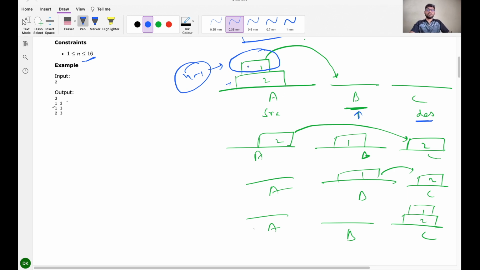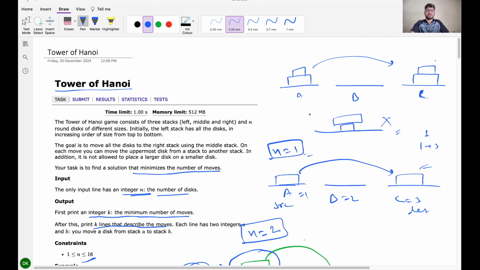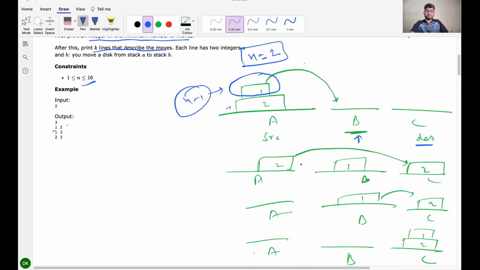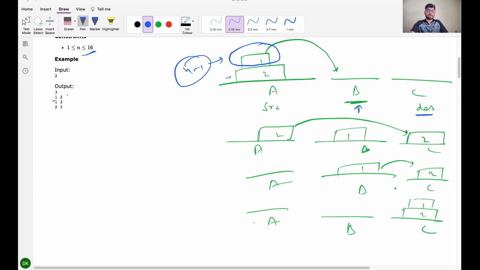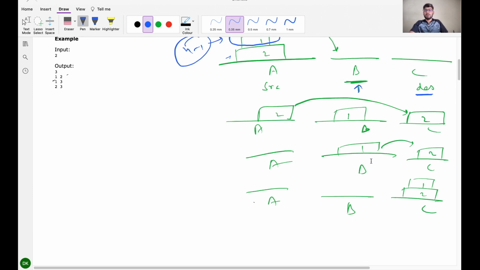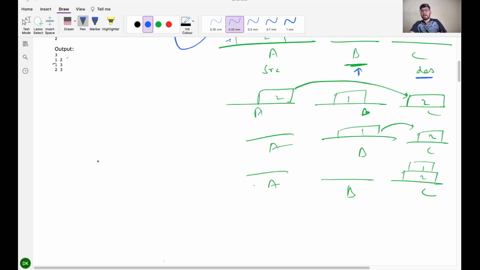So first let's say I am placing the first disk on B. After that, when I have only one disk left, this is the configuration of a single disk problem, so I can simply place my second disk from A to C, and after that I place my disk from B to C. Okay, so let's analyze one more time for n equal to 3.